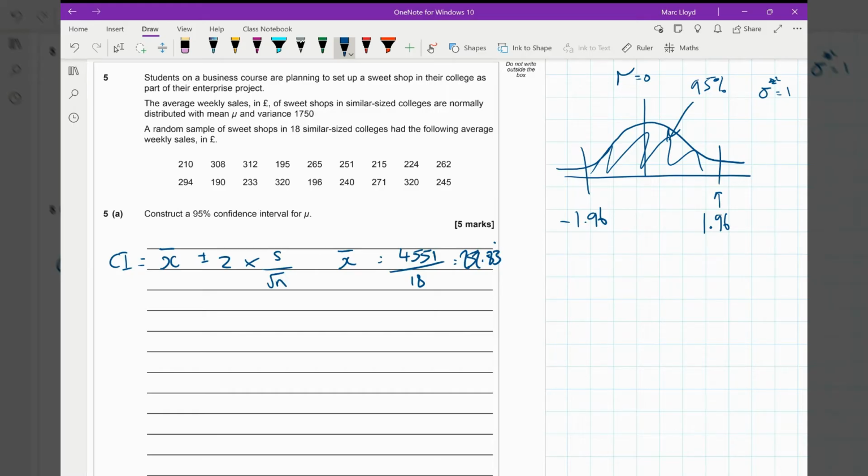Okay, so x bar, 252.83 recurring, plus or minus the 1.96 multiplied by s, the standard deviation. We've got a variance, so that's going to be the square root of 1750 over the square root of 18, which is our sample size.